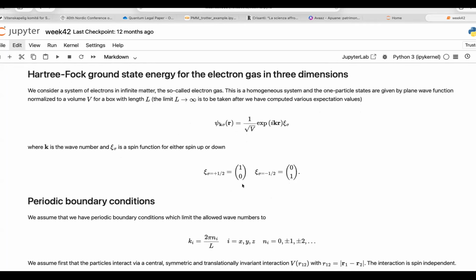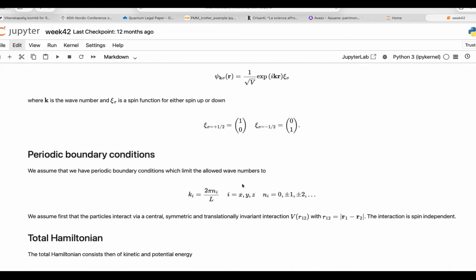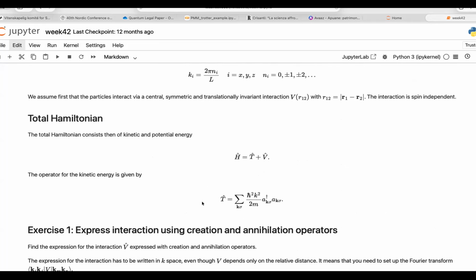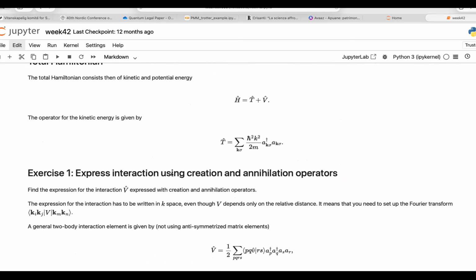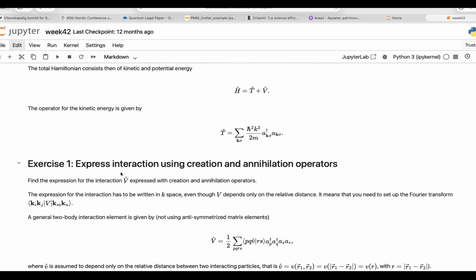We have the spin degrees of freedom, which we're going to bring back. This leads to the standard periodic boundary condition, which you probably saw when you took one of the basic courses in quantum physics. Then the total Hamiltonian contains the kinetic energy operator in second quantization. And then we have the operators here.